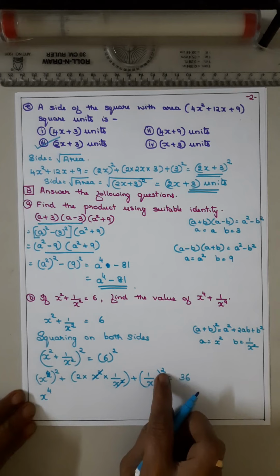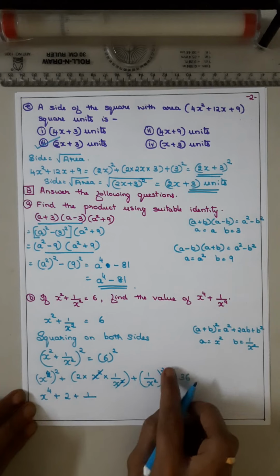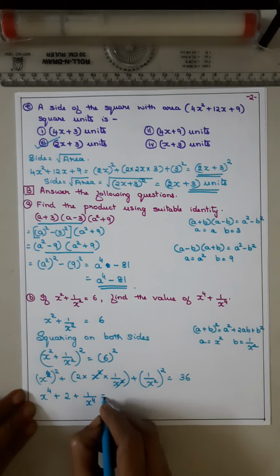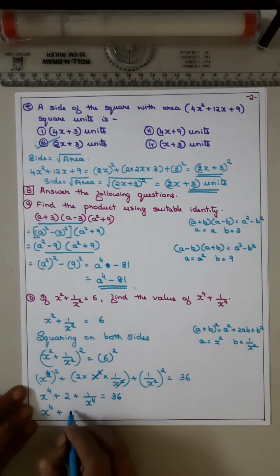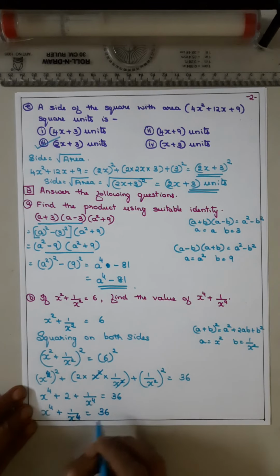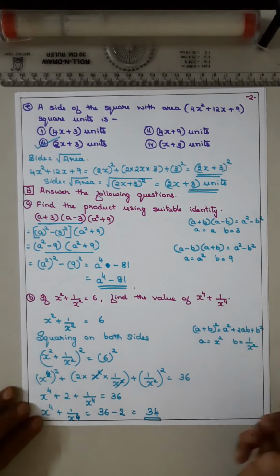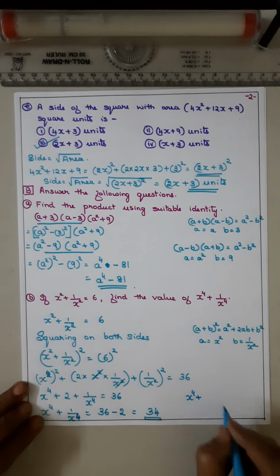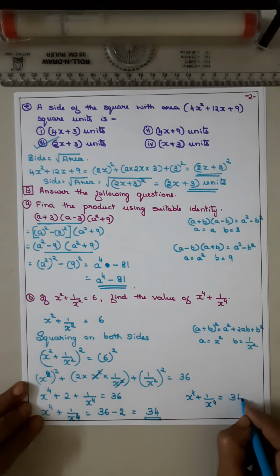Now plus 2 plus 1 by x to the power 4 is equal to 36. Okay, now x to the power 4 plus 1 by x to the power 4, we'll take 36. This 2 will go to the other side. So 36 minus 2 will be 34. So we got the answer, x to the power 4 plus 1 by x to the power 4 is equal to 34.